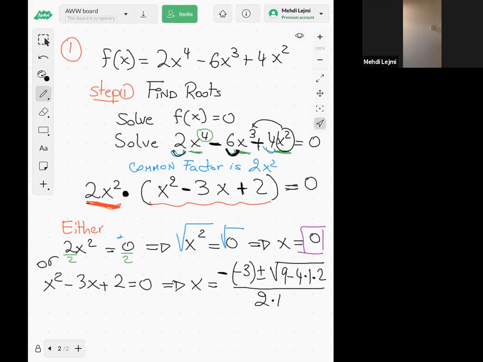So then your x is minus negative 3, that would be plus 3, plus or minus the square root of 9 minus 8, which is 1. The square root of 1 is 1, so it's plus or minus 1, over, of course, 2.